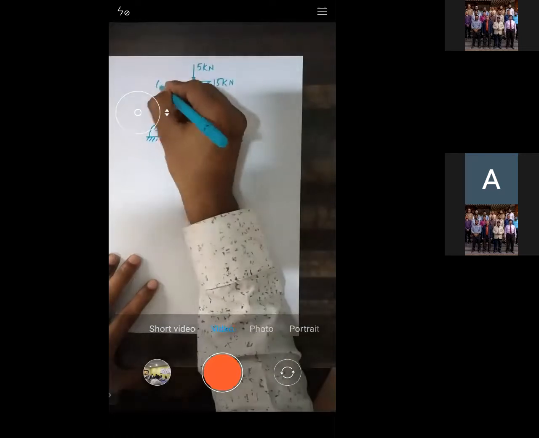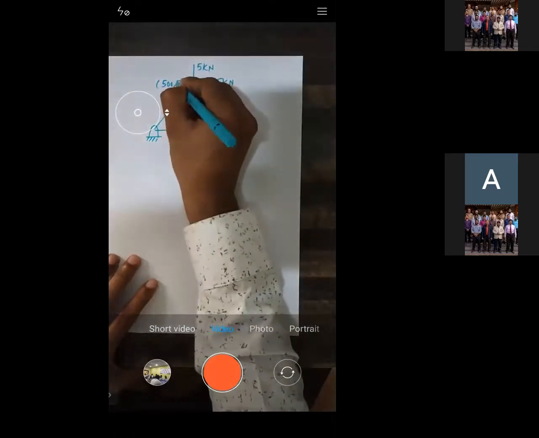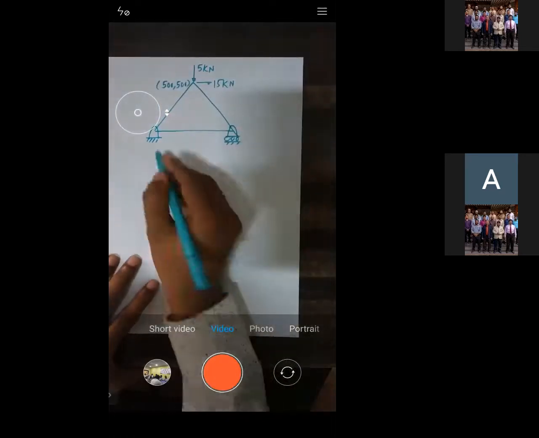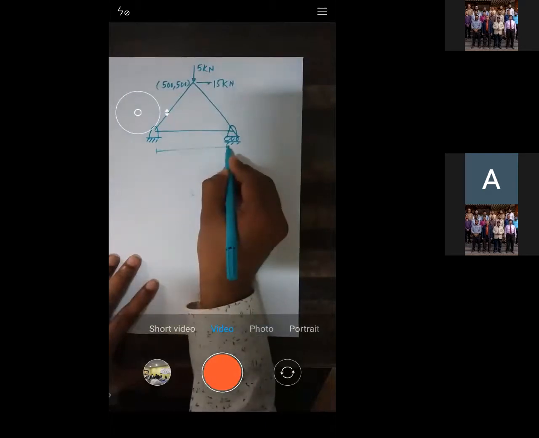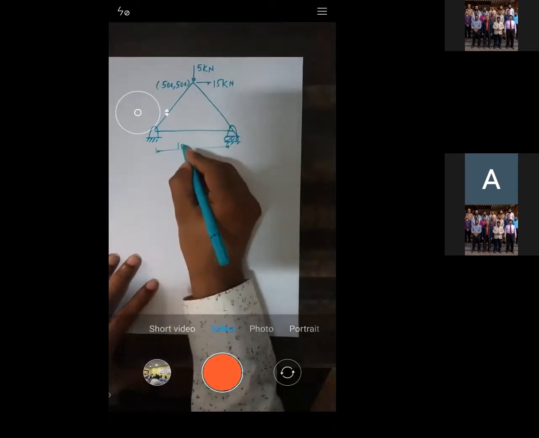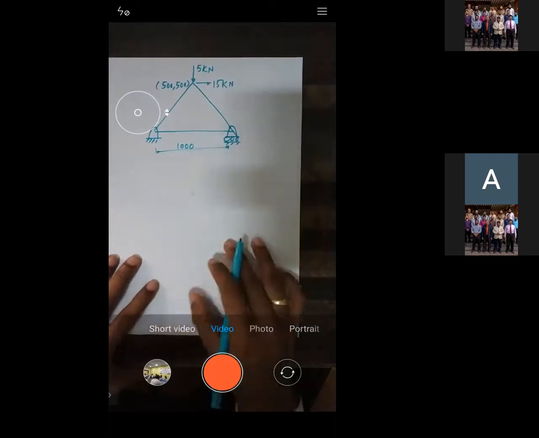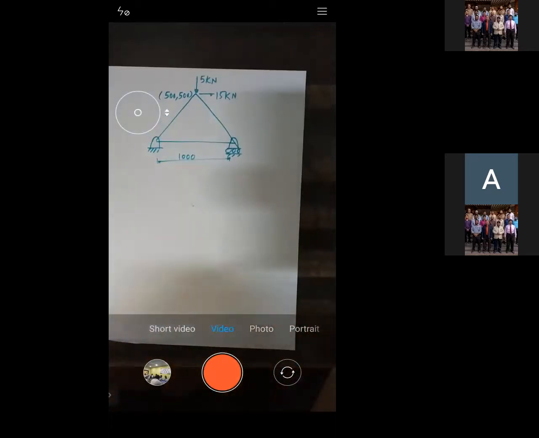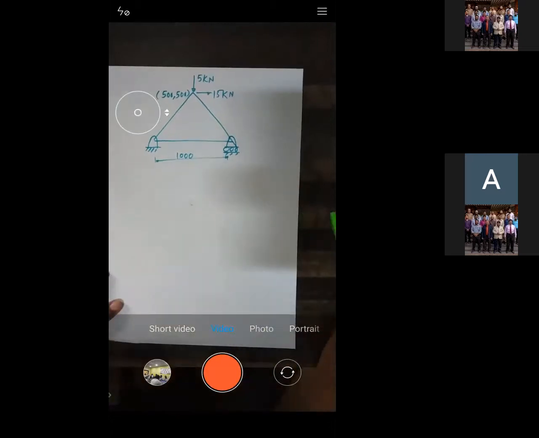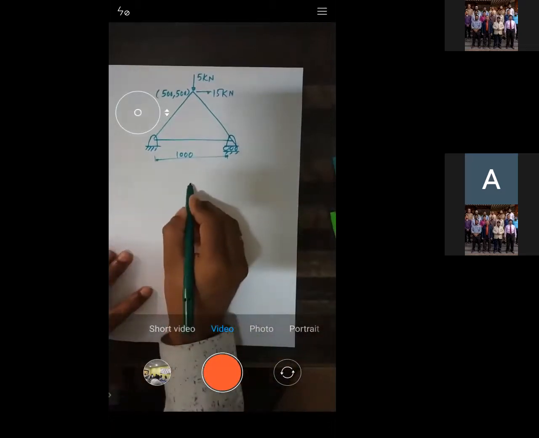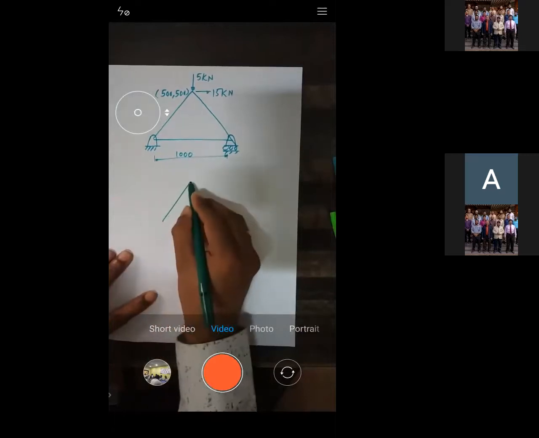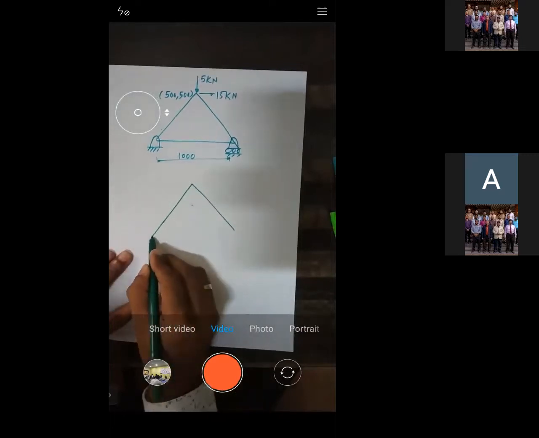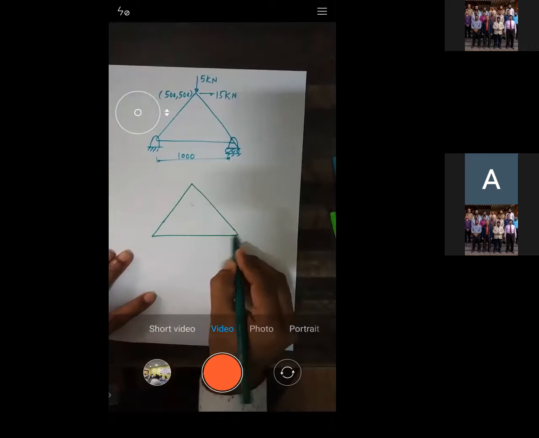They have given the coordinate here as 500, 500. And this distance they have given as 1000. Now let me know how I should start. Anybody from you can tell me how I should start numbering, because numbering is very important.